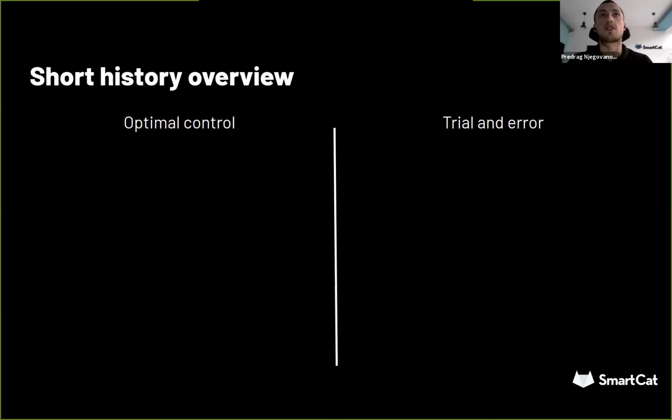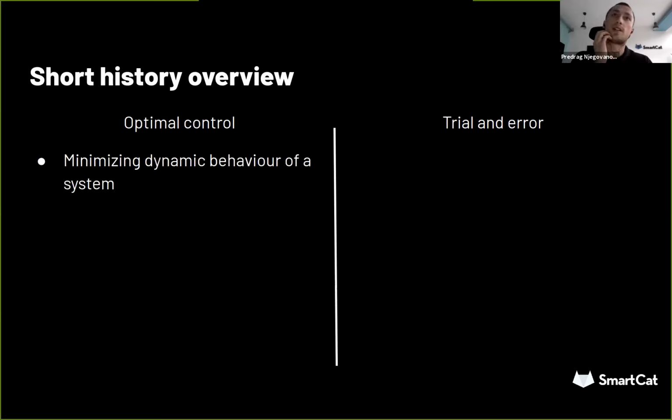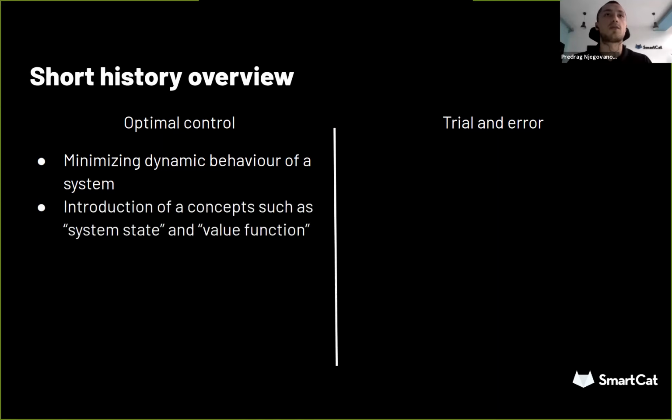Optimal control started back in the 1950s, and it's about minimizing the dynamic behavior of a system. It was started by Richard Bellman, quite a famous name in this area. If you're starting with reinforcement learning, you will hear about Bellman's equation. He introduced concepts such as system state and value function.